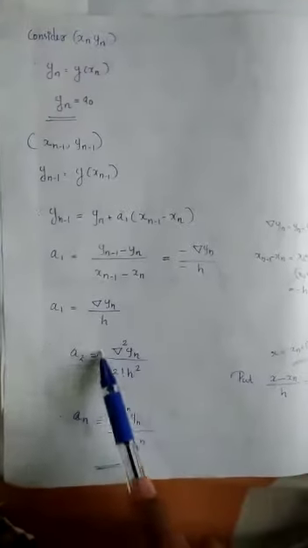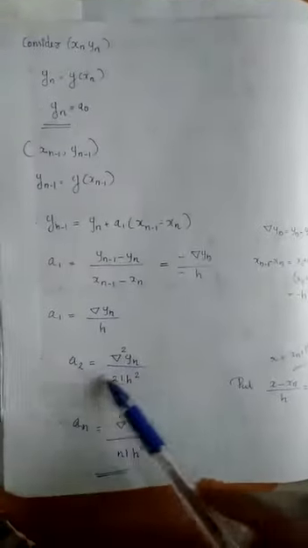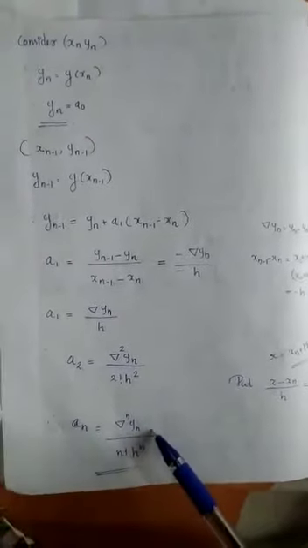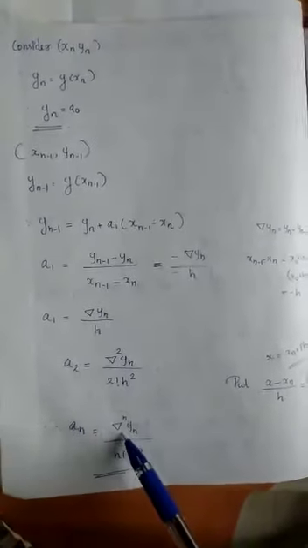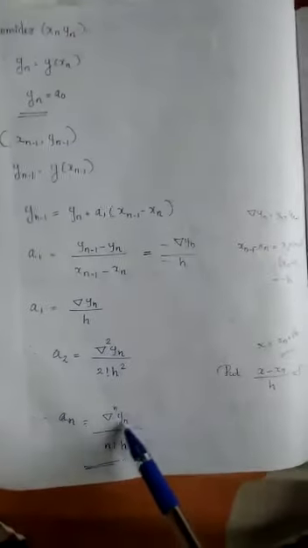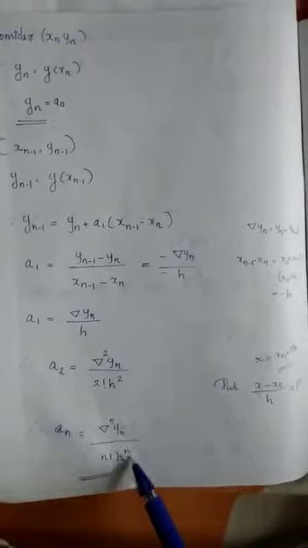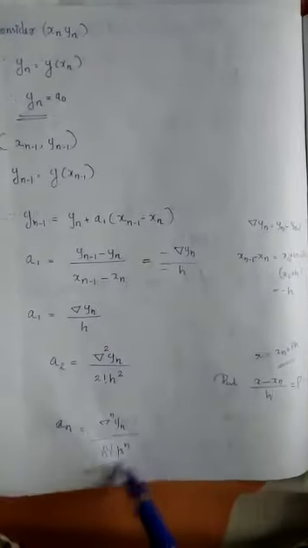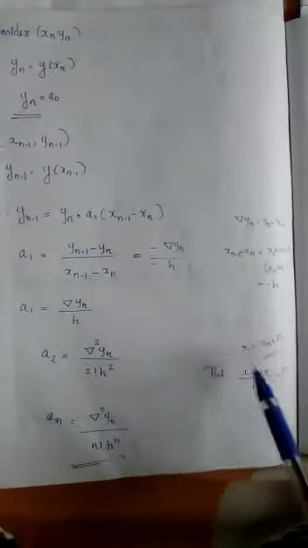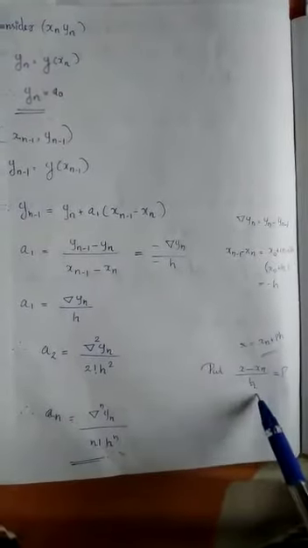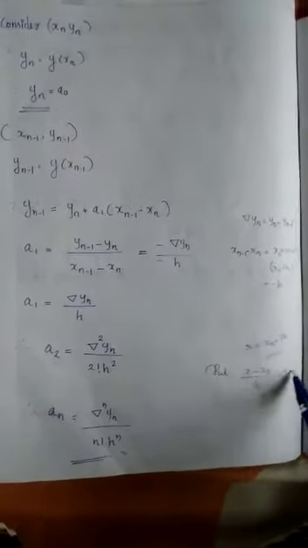And we can calculate a2, and generally we can write an is equal to the nth backward difference operator yn divided by n factorial into h raised to n. And we put x minus xn by h is equal to p.